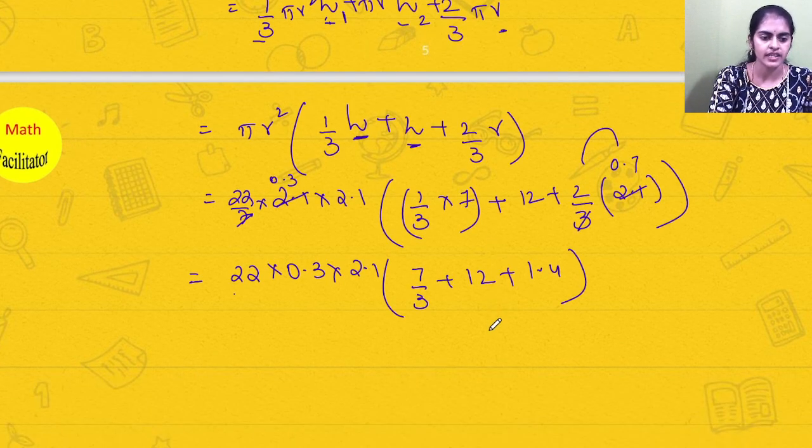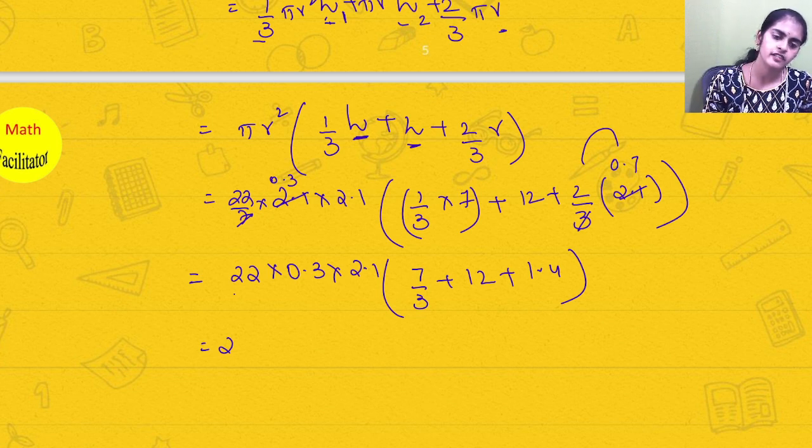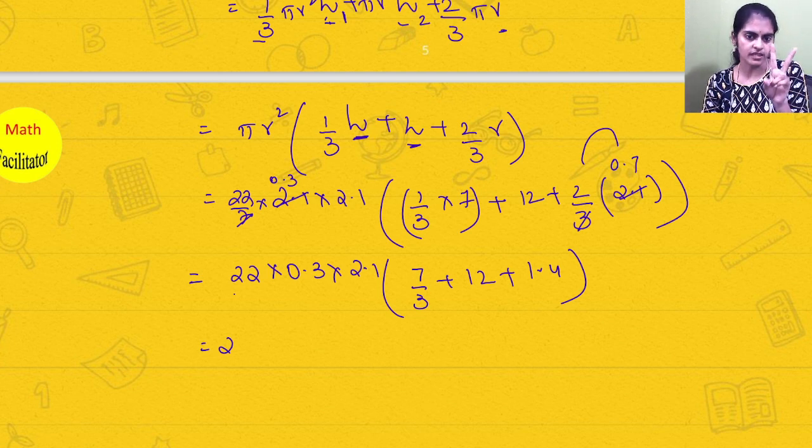Okay, now you can calculate it further. Let me write the final value. 2.1 into 0.3: 21 into 3 is 63, with 2 decimals, so 0.63.